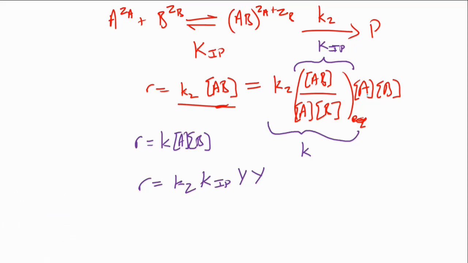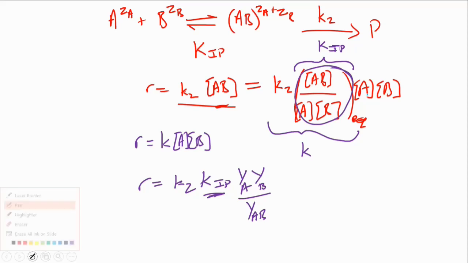Instead of writing product over reactants, I'm writing reactants over products. Why is that? Well, that is because the equilibrium constant for ion pairing, I have summarized it. Instead of writing this expression, I have summarized it. And so what you have is a situation where the equilibrium constant for ion pairing is multiplying the numerator alone.